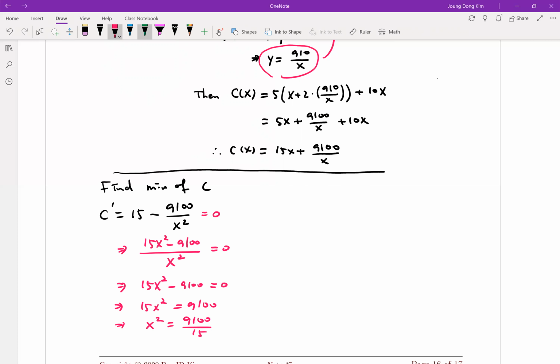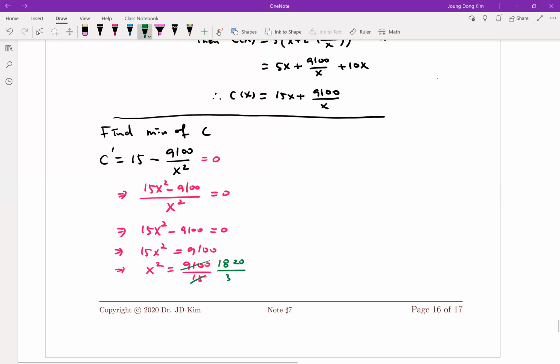Maybe we can simplify a little by dividing by 5 top and bottom, giving 1,820 over 3. Then finally, x equals plus and minus the square root of 1,820 over 3.